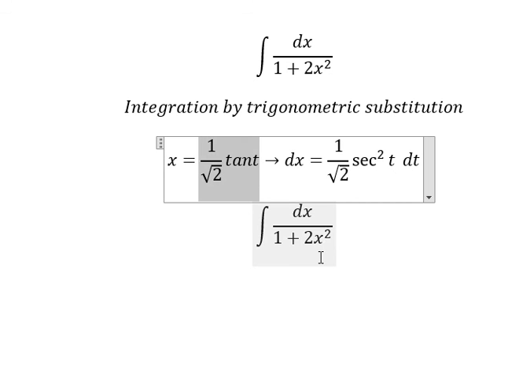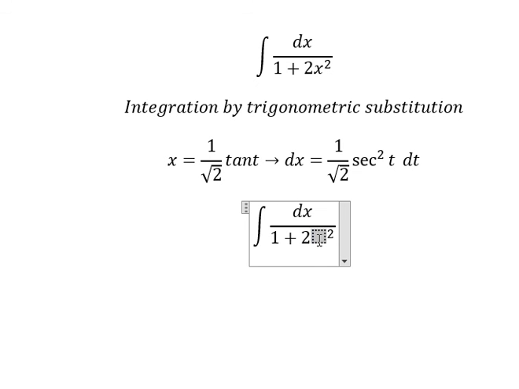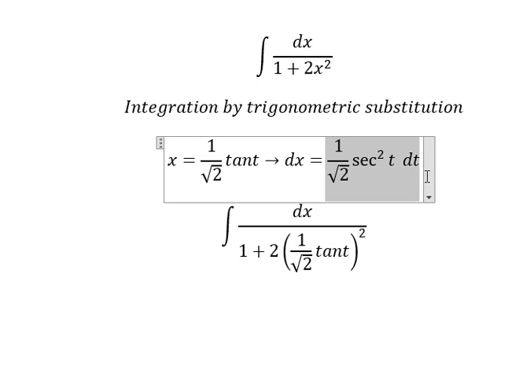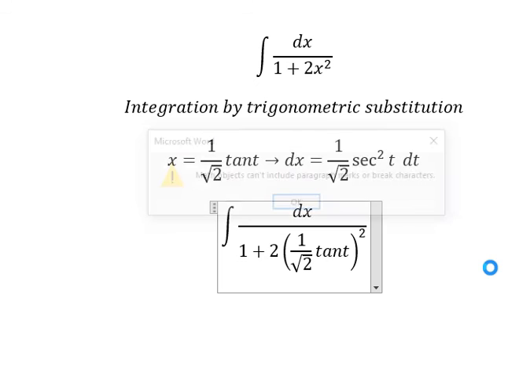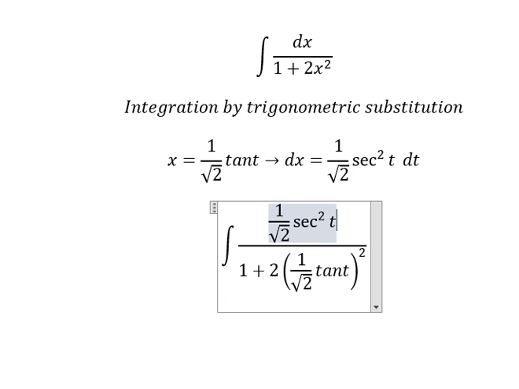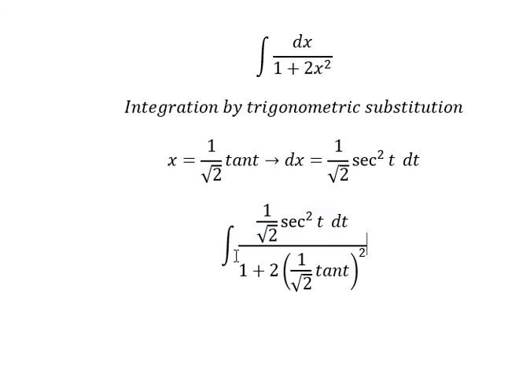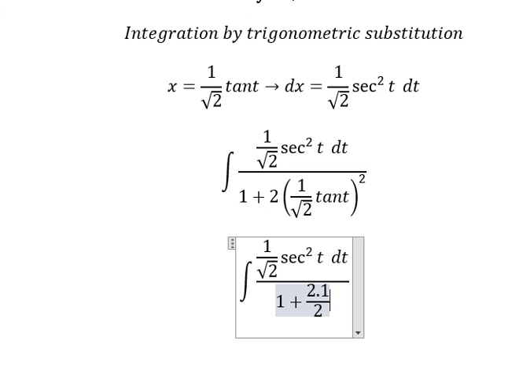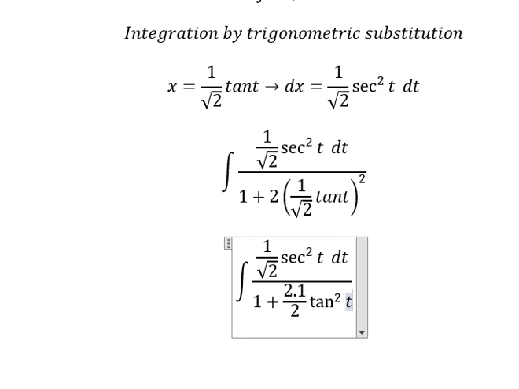So we put this one in here. ds, we change for this one. This one, we got 1 over 2 tan t squared.